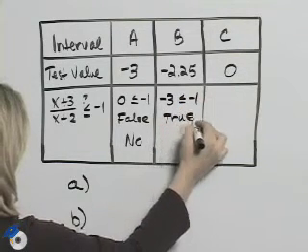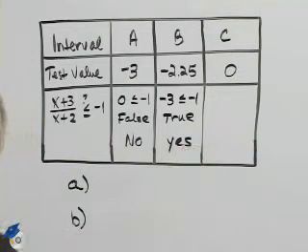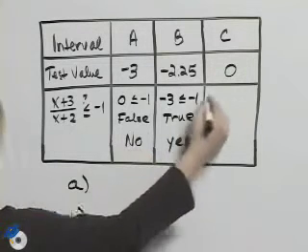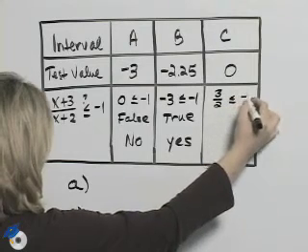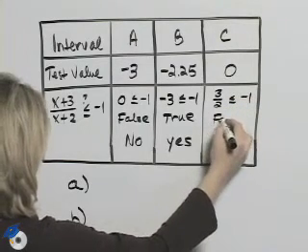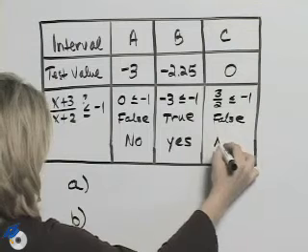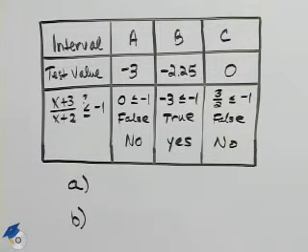That is true, and so yes, the left-hand side is less than or equal to the right-hand side. And finally, when x is 0, we end up with 3 halves less than or equal to -1. That is false. So the answer to the question is no.